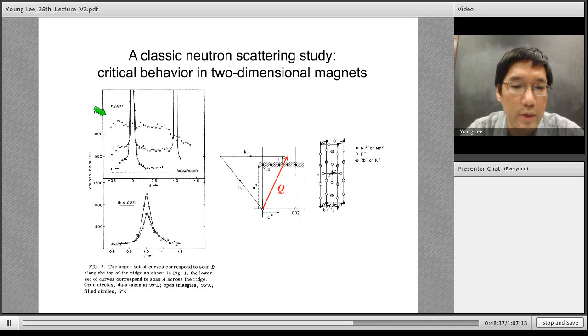You also get these Bragg peaks that are quite sharp here and here. Now, if you scan through the rod, you get peaks that are very sharp. So they should go from background, go through the rod, get a lot of magnetic scattering, and then go back down to background. So those are scans through the rod.